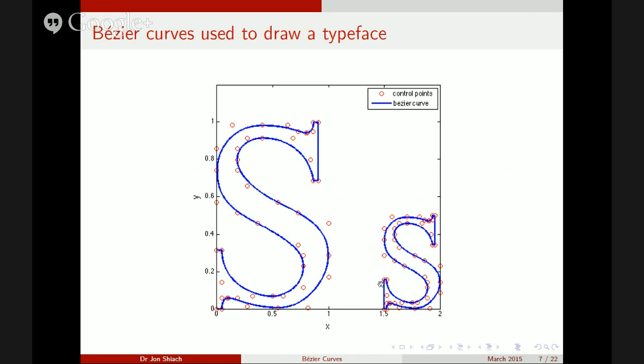Okay, then I just draw the blue line, which is our parametric polynomial function. So the S moved from there to there, just using our translation, rotation, scaling stuff, which we did in term 1. Okay, so that's how word processors sort of scale up your font. So if you choose a large font size, what it's doing is it's just scaling up the Bezier curves.